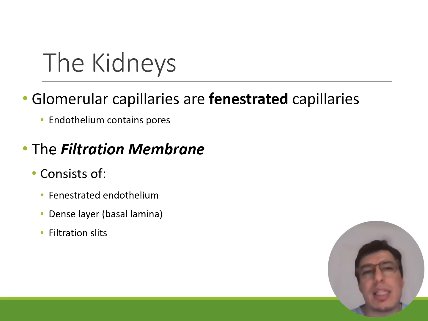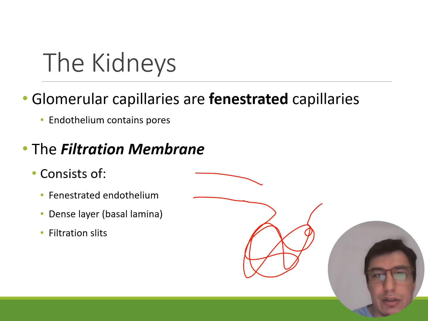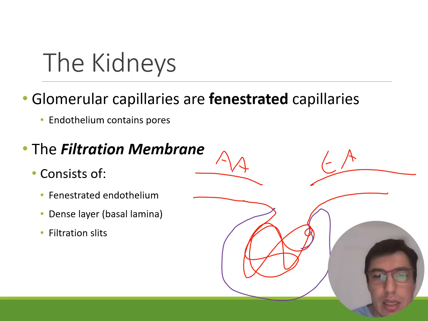If there is something that injures this membrane, it will lead to the loss of large molecules from blood. So as we have the afferent arteriole leaving through the efferent arteriole, we'll do our Bowman's capsule, and I'm going to depict it like this this time.